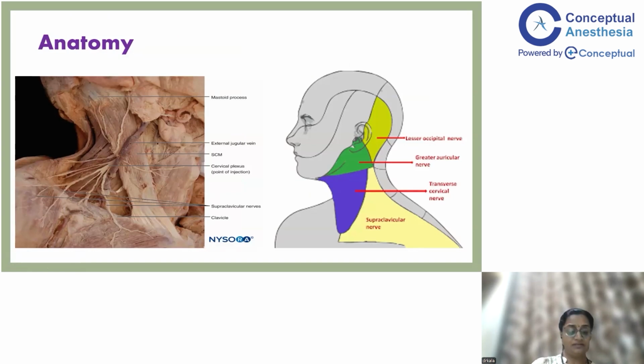approach for the block. And where is the innervation? From the lateral pinna and behind it, and the mastoid, along the lower jaw up to the clavicle in front, the midline, and then the clavicle till the midline and the upper shoulder also, that is the anterolateral part of the neck.